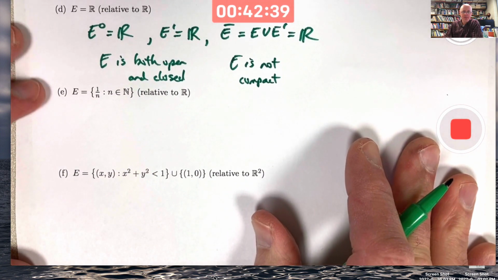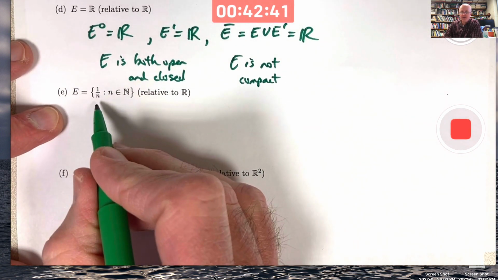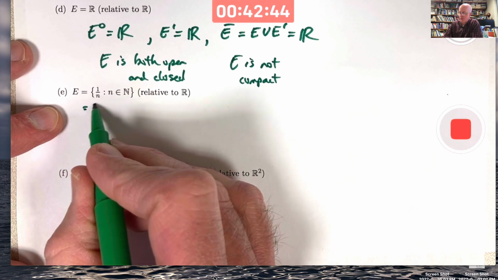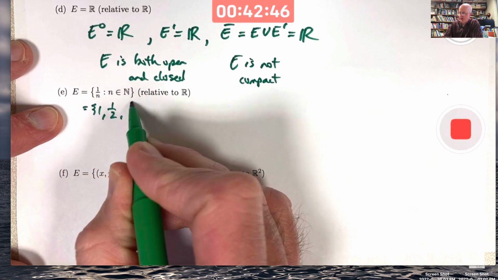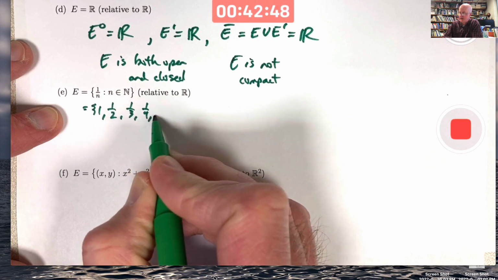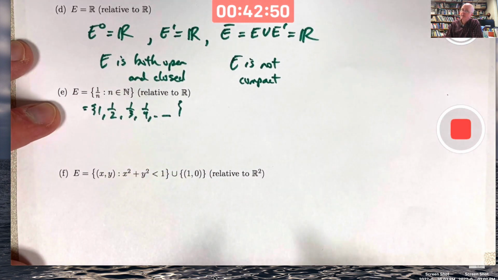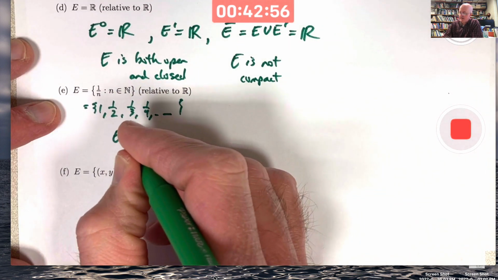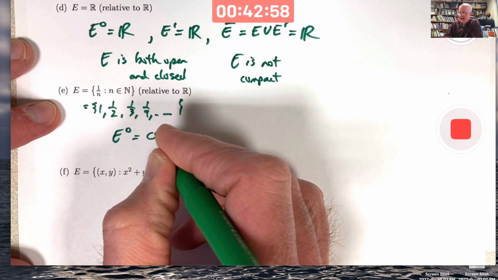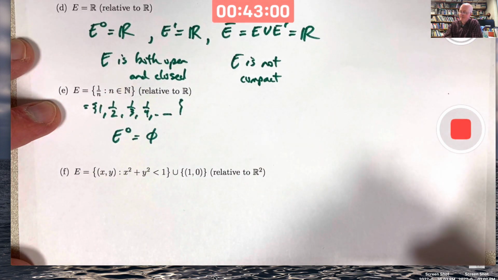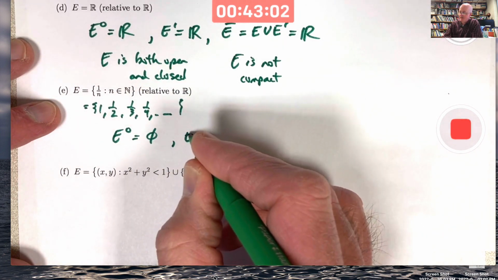Part E. E is the set of all points 1 over n, so this would be 1, 1/2, 1/3, 1/4, etc. Not 0. 0 is the limit point of this, but it's not included in the set. I hope it's pretty clear that its interior is actually empty. How about the derived set?